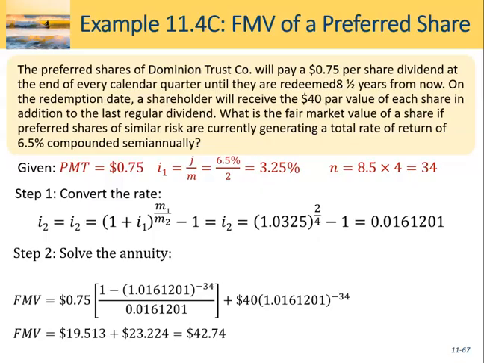And then we want compute, and we're computing our present value. Our present value is working out to $42.74. Give that a try to make sure you can use your calculator to figure that out and understand how the PY and the CY work.